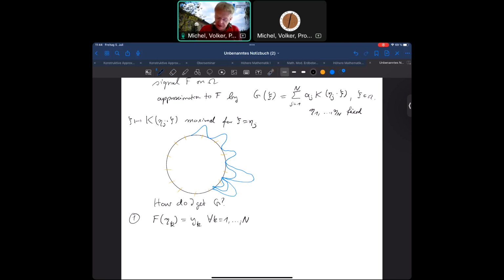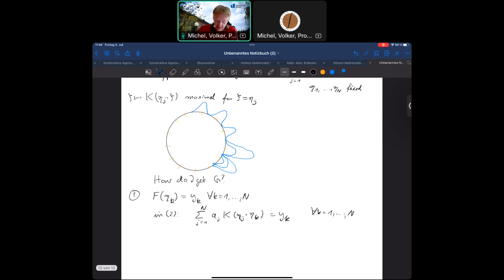Because if you insert that now into that equation, I wanted to use equation numbers, so that's my equation 2. So equation 2 gives you now the sum j equals 1 to n, a j k of eta j times eta k is y k for all k equals 1 to n.